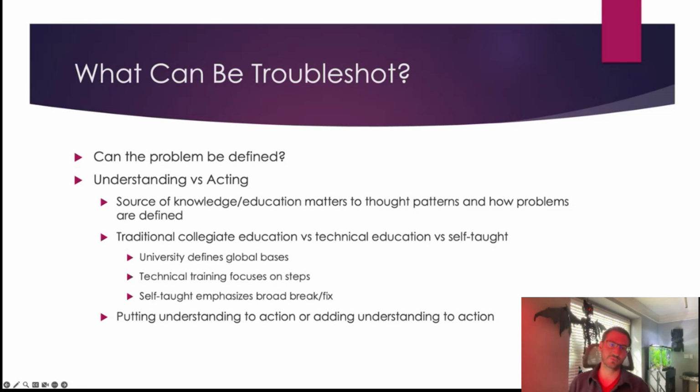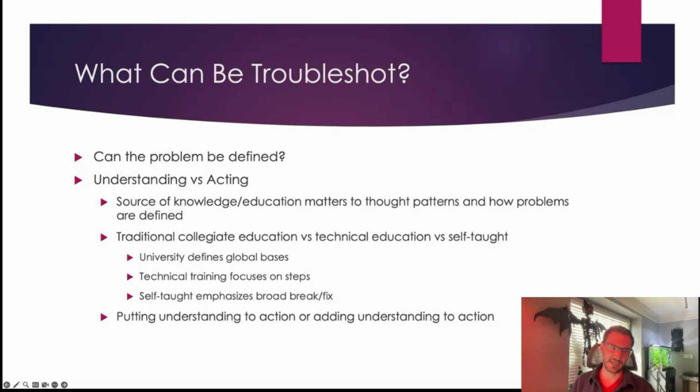So after you've had one of those forms of education and you're spending some time learning and teaching or doing by yourself or following DIYs or whatever, that application of that knowledge starts to become a little bit more consistent, and that understanding starts to turn into acting, or the constant acting turns into adding understanding to it.